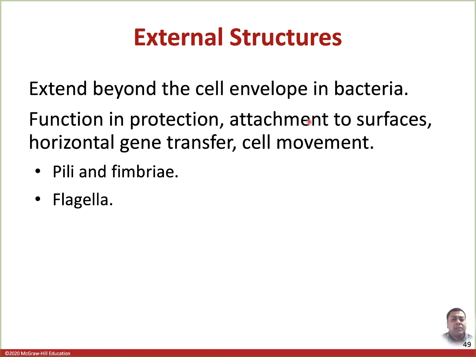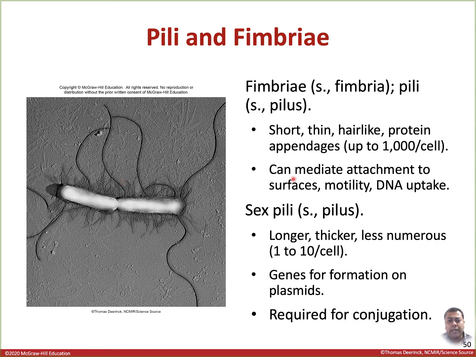So the external structures extend beyond the cell envelope in bacteria and function in protection, attachment to surfaces, horizontal gene transfer, and cell movement. These are classic examples of pili and fimbriae, as well as the flagella. Flagella are many, many times bigger than the cell, whereas the pili and fimbriae are much smaller.